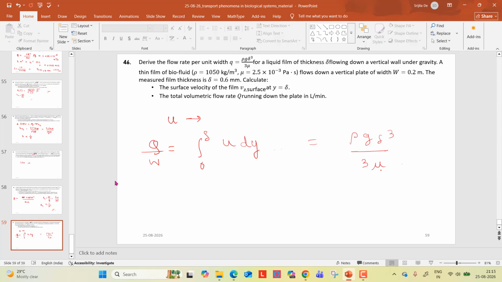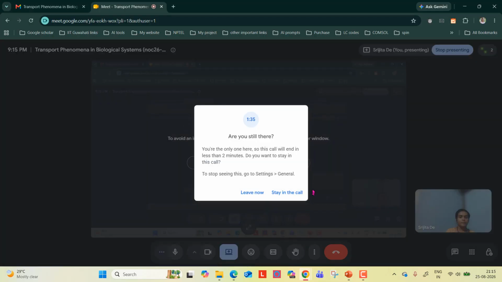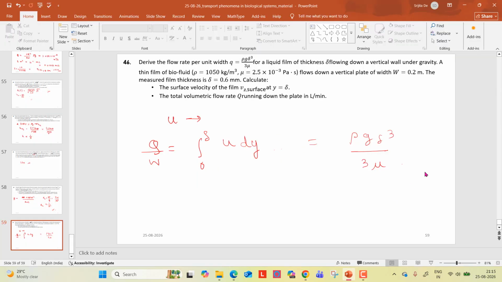And from here, you can calculate the surface velocity of the film at y equals delta. U expression you know. Let me write it again: rho g by mu, then delta y minus y square by 2.